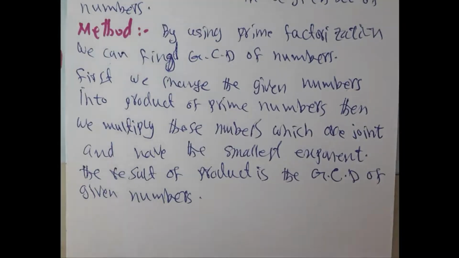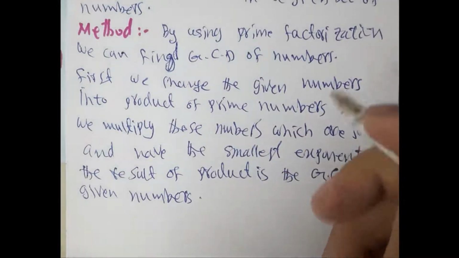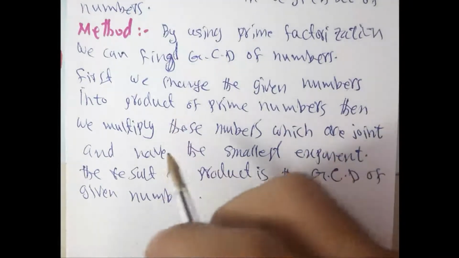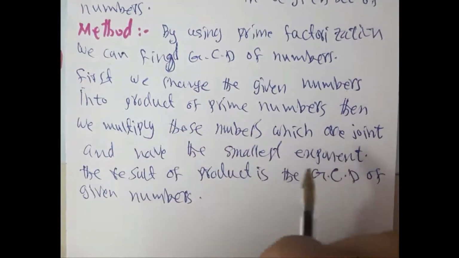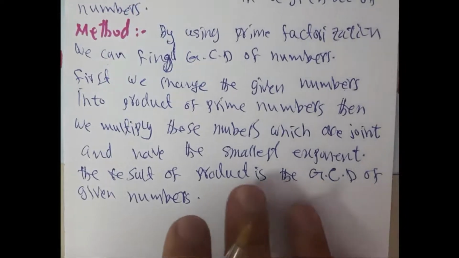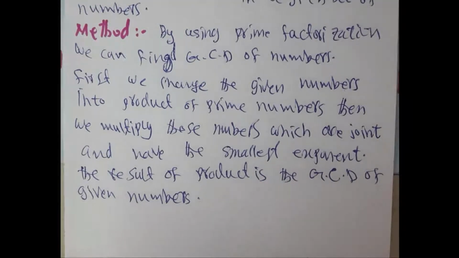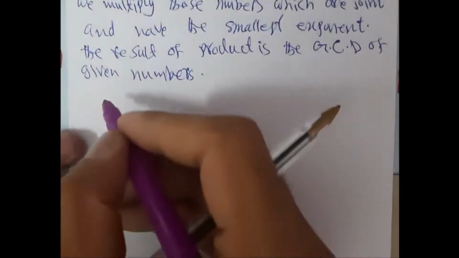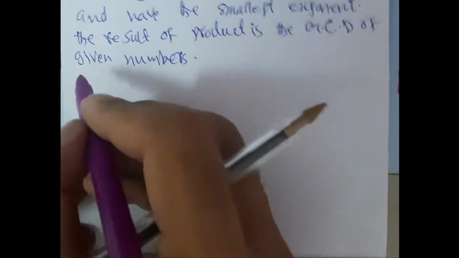After that, we write all of them as exponents, as powers. Then we choose those primes which are joined in all numbers and have the smallest exponent. Then we multiply all of them, and the result of the product is the GCD of the given numbers. Here we want to explain this method with an example.